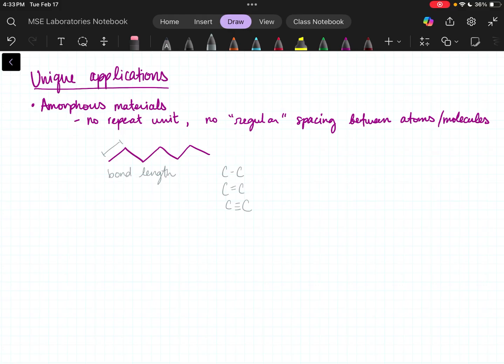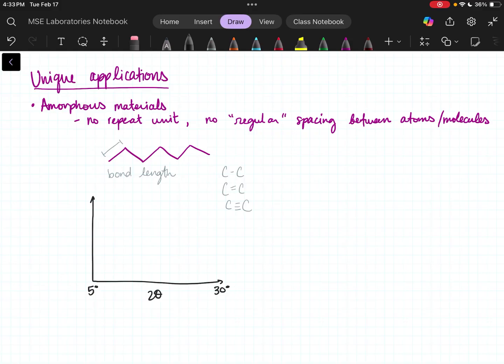If I pulled up Google, I could say carbon-carbon single bonds and carbon-carbon double bonds and carbon-carbon triple bonds. Each of those has a specific bond length that I could look up on the internet. Most carbons attach to other carbons at a specific distance from one another. So while I don't have a repeat unit, I do have these repeat spacings present in my material.